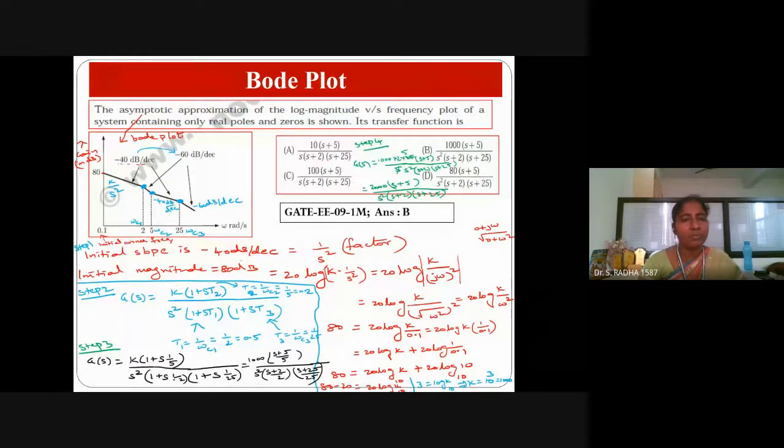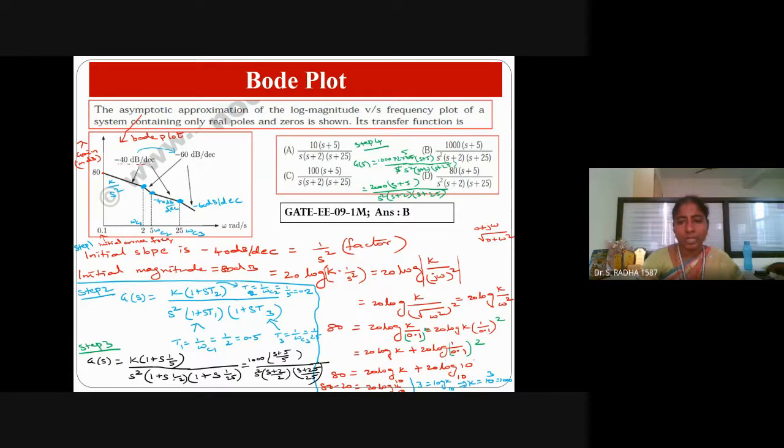Initial slope minus 40, 1 by s square, and 80 dB, that is 20 log K by s square. Yes, here a square is there. I missed out one square, you can see. So here one square is there, and I have to use the square here also.